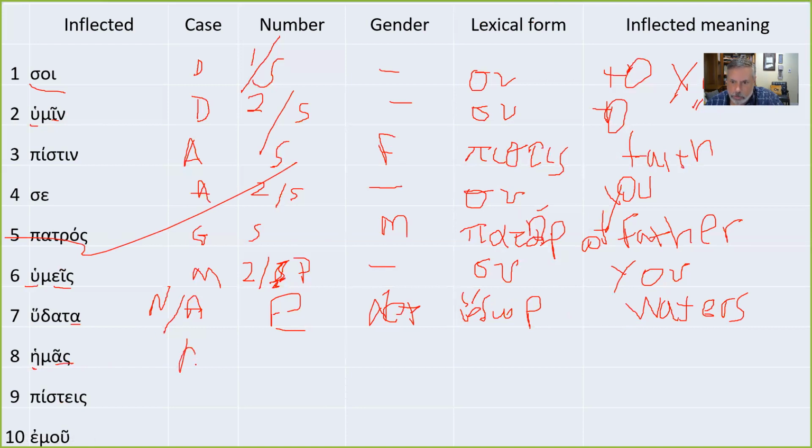And so we've got accusative, and it is in the plural form. There's no gender to it. Excuse me, it's first person plural. And it is, of course, from ego. And it, of course, means me.